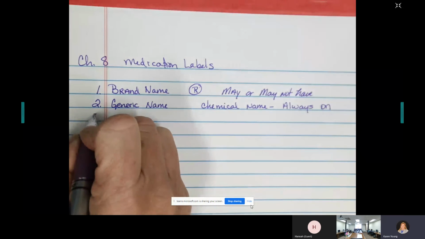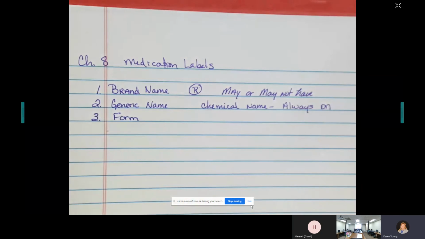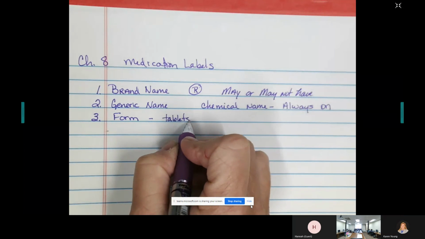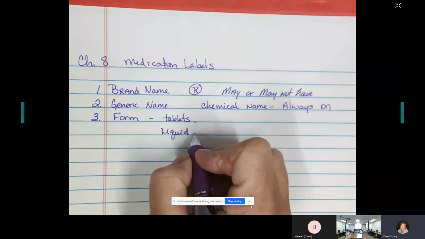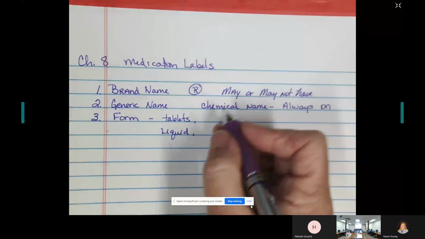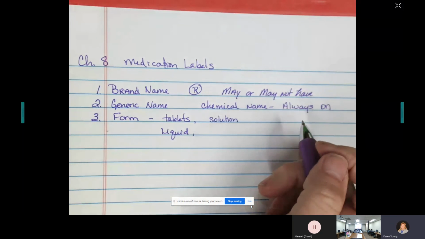And then every drug label will have the form that the medication comes in, whether it be tablets, liquid, a solution, which is still a liquid, but it's a solution.